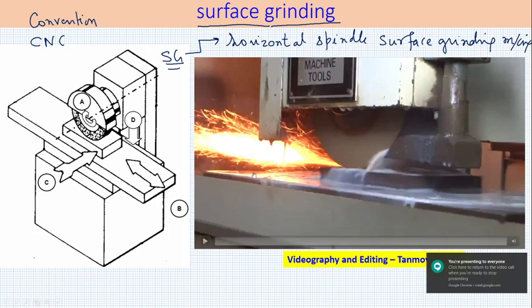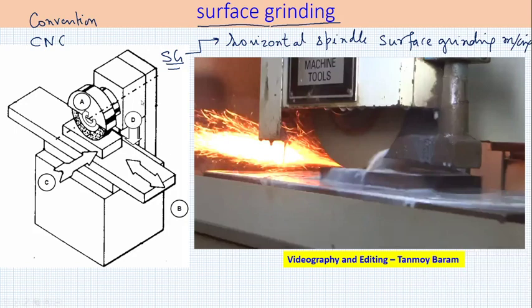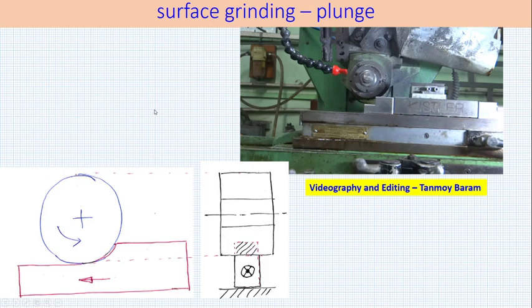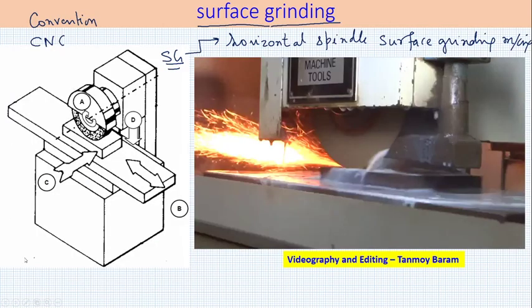Now, what are the motions and what are the elements? This is the equivalent of the headstock. We have a headstock in a milling machine, and we have a headstock in a lathe. So you can call it headstock, cutting head or grinding head.